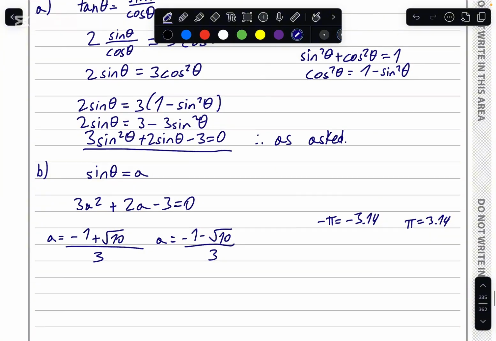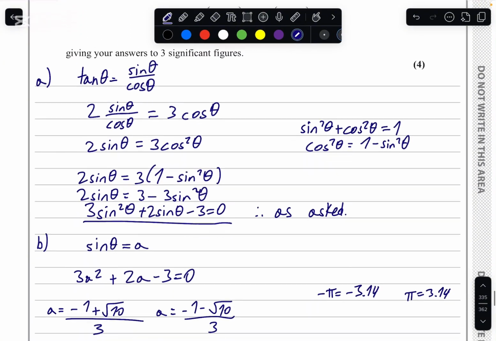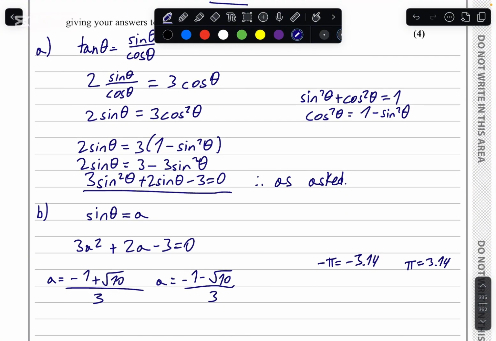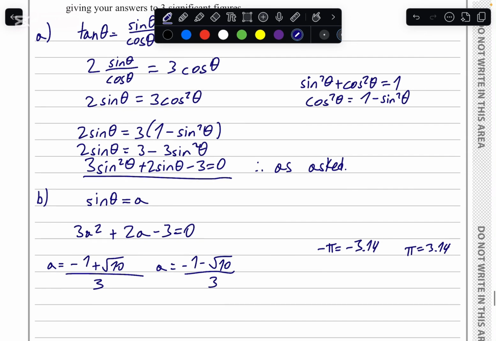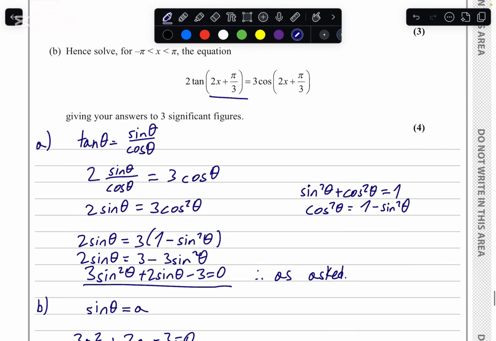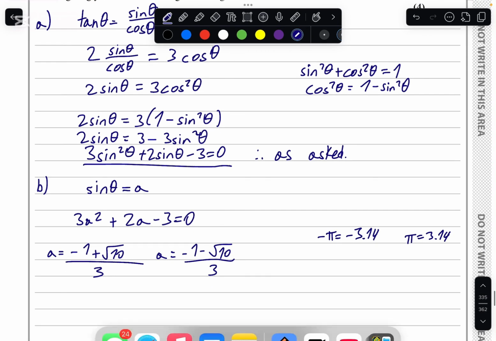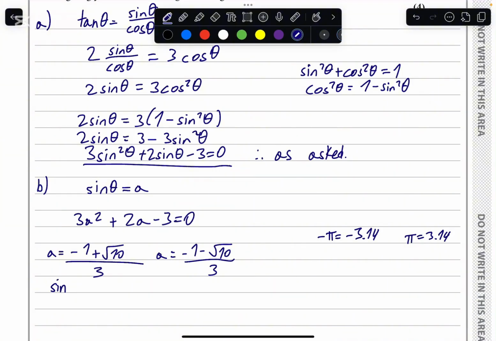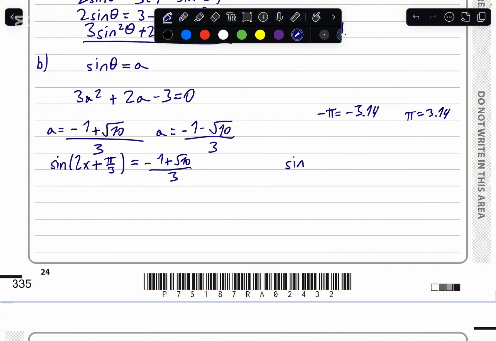And so first we will say that since we substituted a for sine theta, but in this case theta is 2x plus pi over 3, we will say that sine of 2x plus pi over 3 is equal to minus 1 plus root 10 over 3. And also for the other value, 2x plus pi over 3 equals to minus 1 minus root 10 over 3.